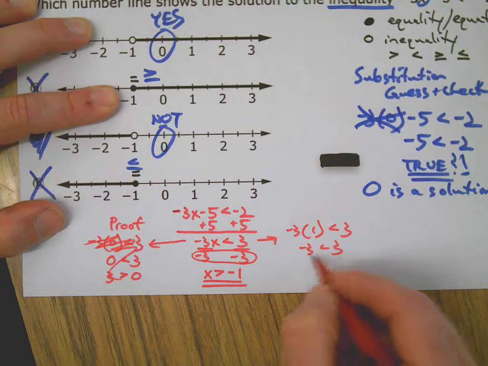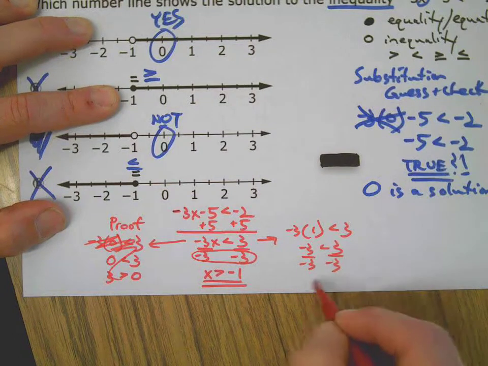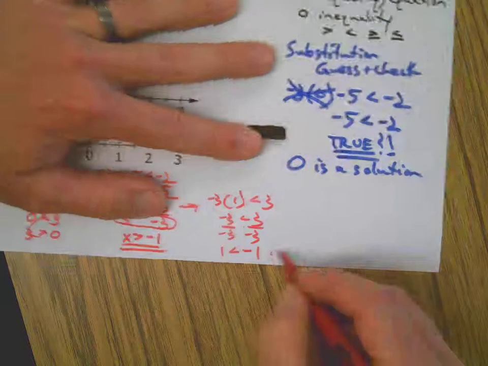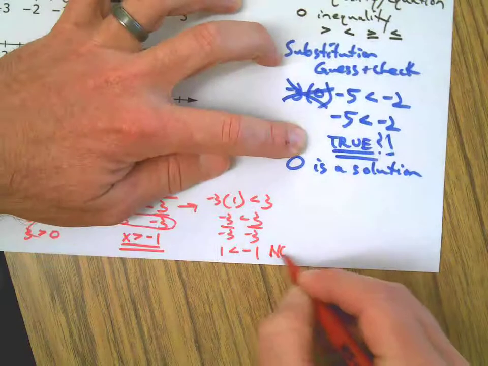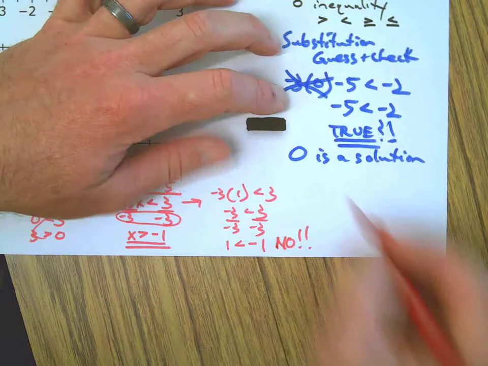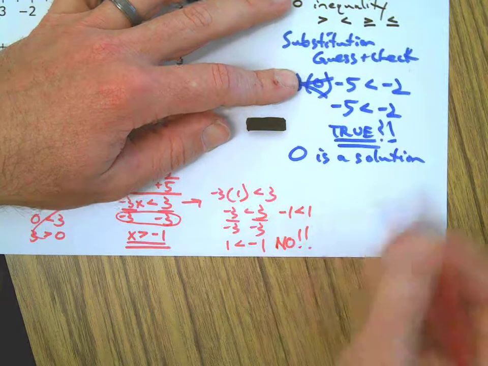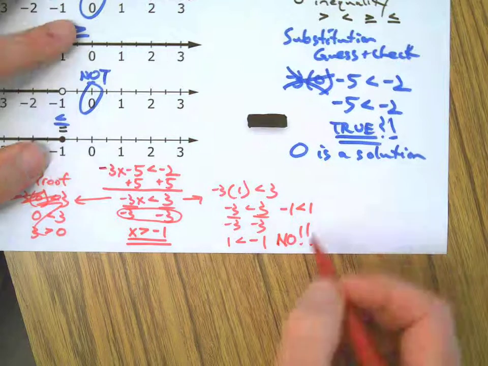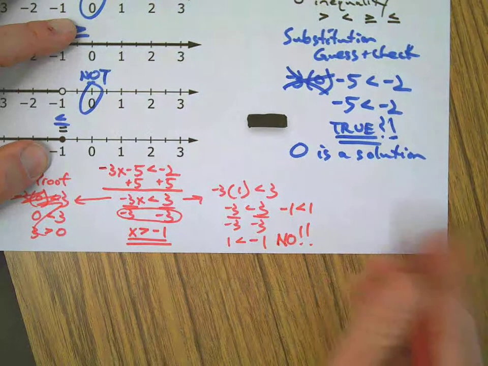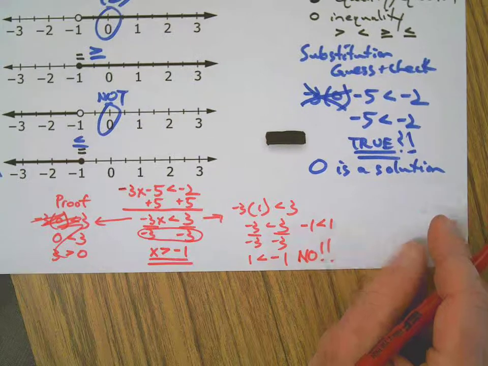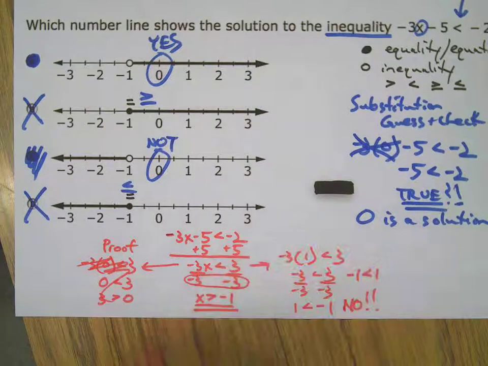So if I was going to divide by negative 3, this would be 1 is less than negative 1, right? That doesn't make sense. No. But what does make sense is negative 1 is less than positive 1, right? So that's the proof why we need to change the direction of the sign, of the inequality.